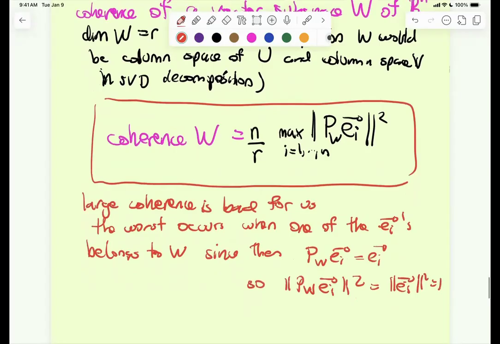And if that's 1, that means the most the coherence can be is n divided by r. So the coherence is always bounded above by n divided by r.